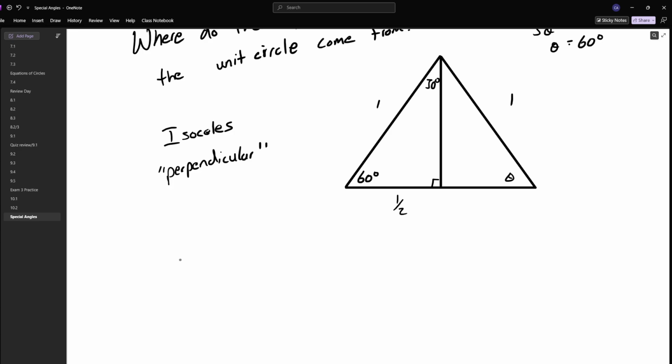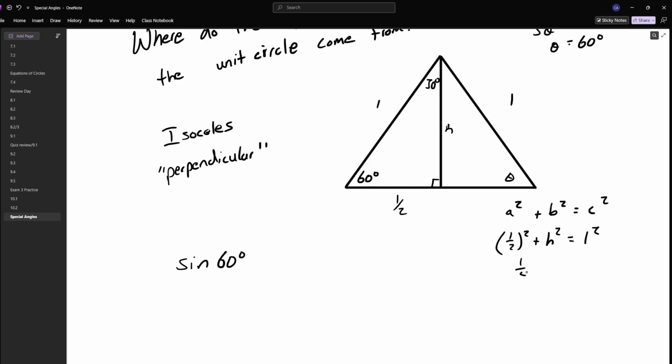For example, the sine of 60 degrees is going to be the opposite over the hypotenuse, SOHCAHTOA type stuff. But what is the length of this perpendicular that I've dropped, the height? Well, it's going to be 1/2 squared plus h squared equals 1 squared, good old Pythagorean theorem.